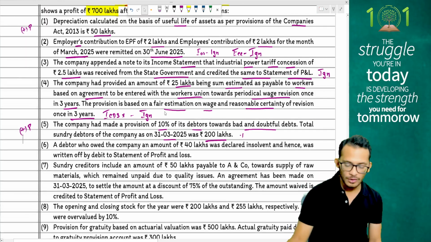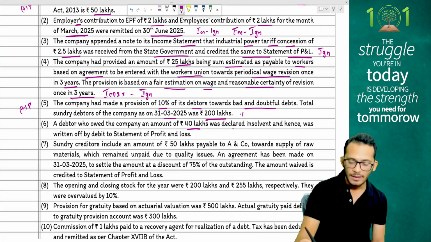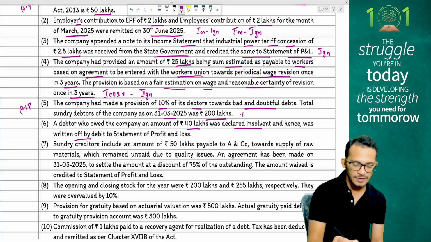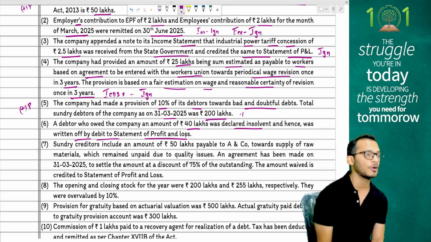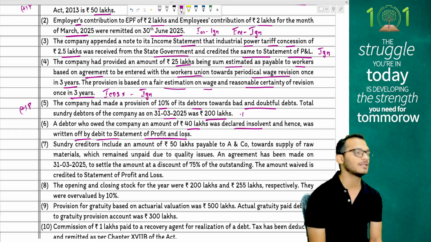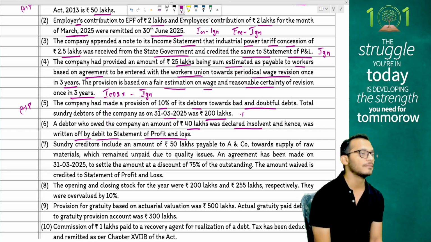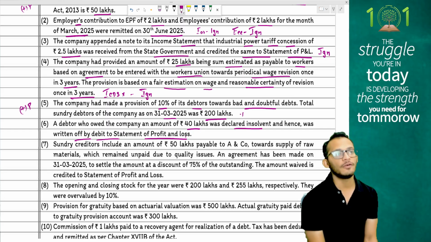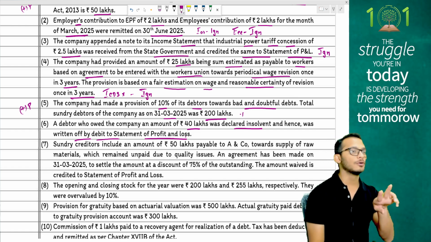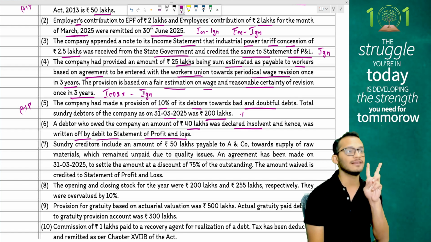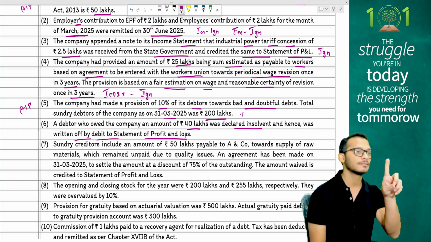Point number 6. A debtor who owed the company an amount of 40 lakh rupees was declared as insolvent and hence was written off by debit to the statement of profit and loss account. There was a debtor who has been treated as bad debt. I have written it off in the P&L. Rules of bad debt, I told you, have to follow two conditions as per accounting standards. You have to first offer the income earlier.